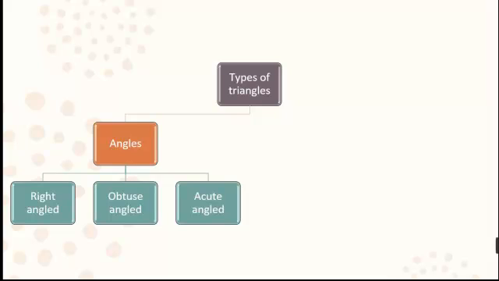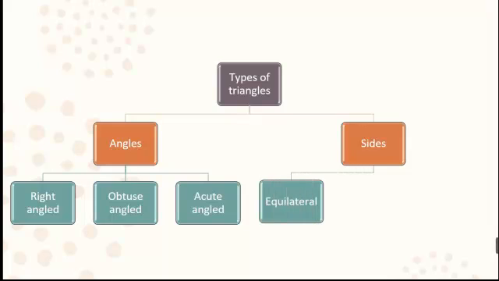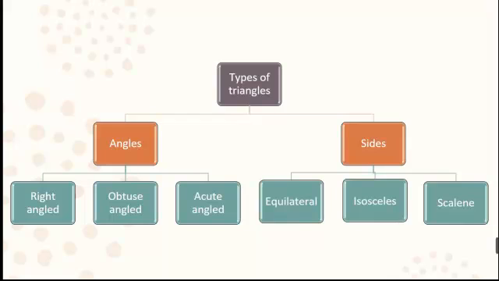These are according to the angles. If I classify them according to the sides, I will have also 3 types. First type is equilateral, second type is isosceles, and third type is scalene. So I have all 6 types, 3 according to the angles and 3 according to the sides.